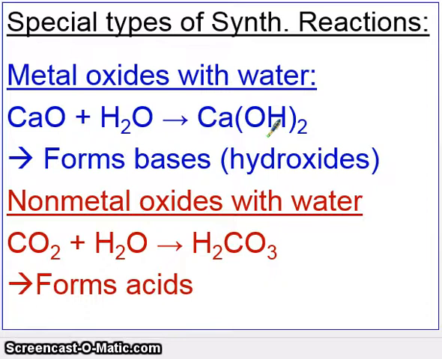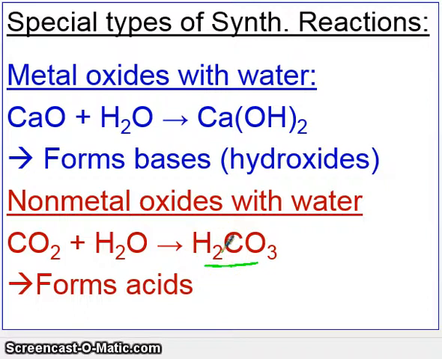Now, this one, however, is also pretty similar, except this will be dealing with acids. The second one, if you recall, we had a carbonate that decomposed into carbon dioxide and some kind of metal oxide. Well, in this case, we have carbonic acid. So we do have a carbonate, but the metal is replaced by hydrogen.